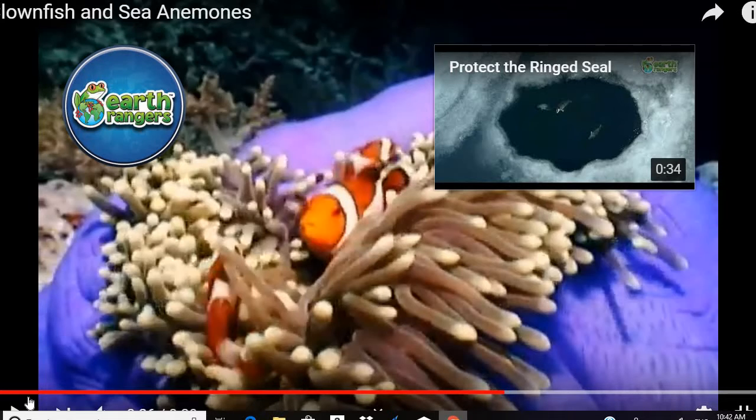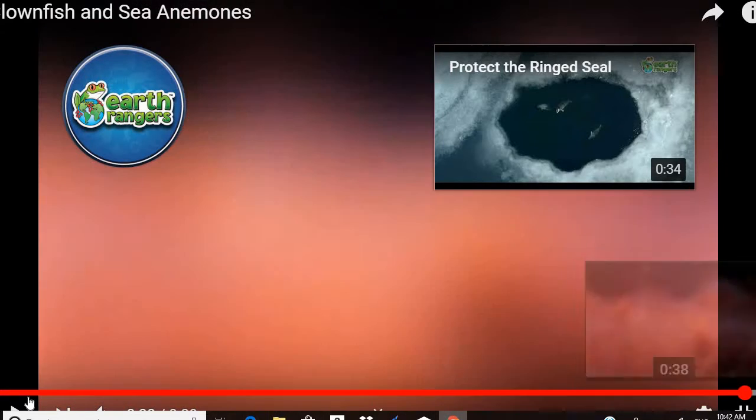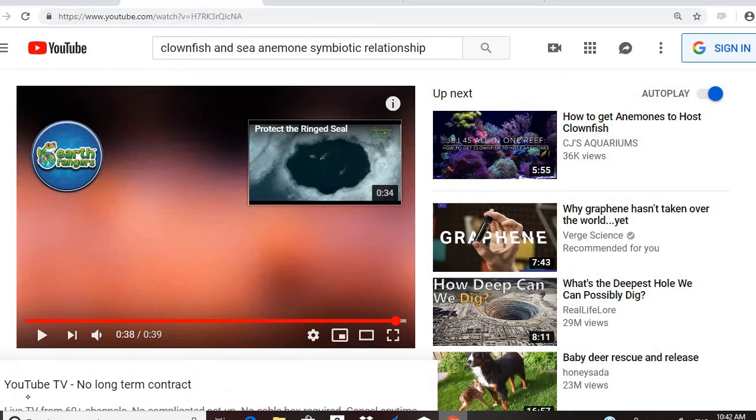Okay, so that's all we really needed to see. You can see the clownfish swimming among the sea anemone.